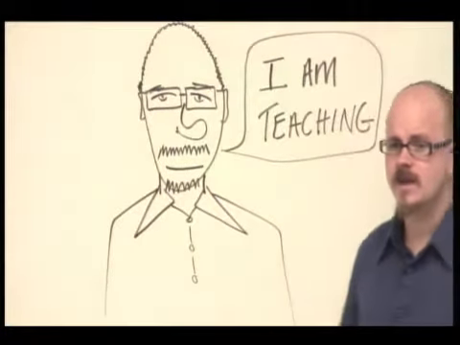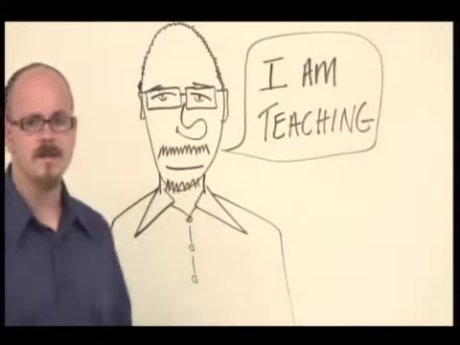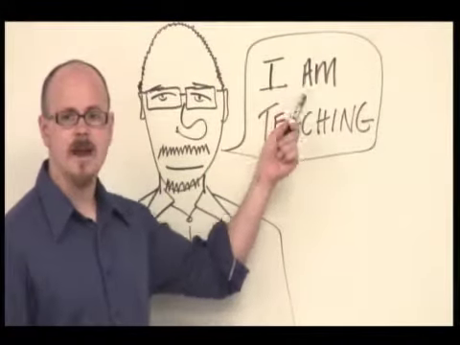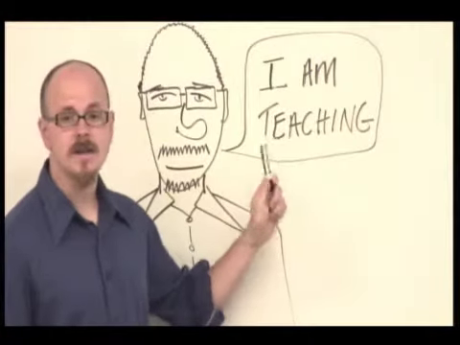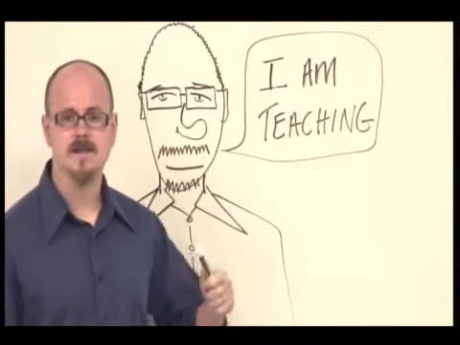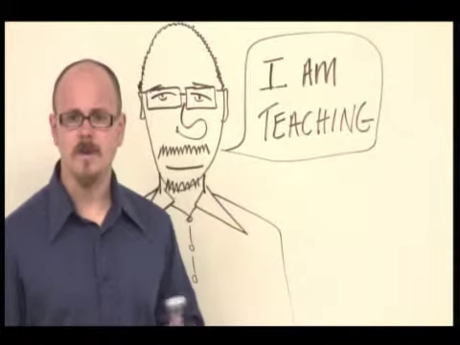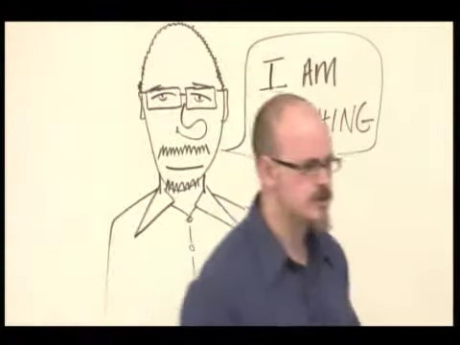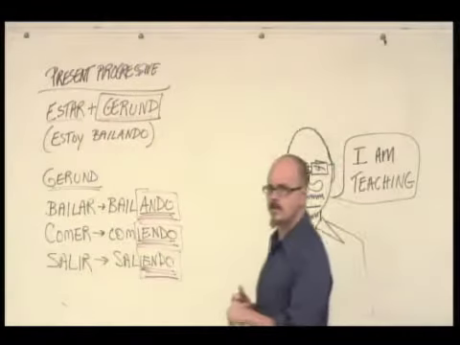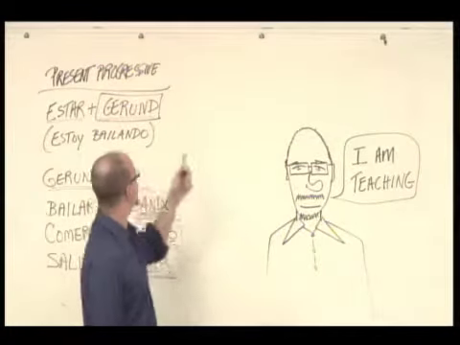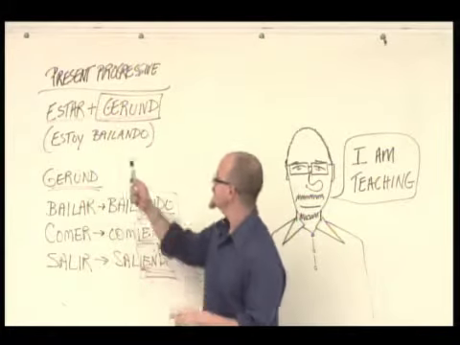So, as we see here once again, as I've been saying, I am teaching. We're using the verb to be, and then to it we're adding the gerund, which in English is this ing ending. Let's take a look at how we do it in Spanish. If you notice here in Spanish, I've written up the way that we do it. Okay?